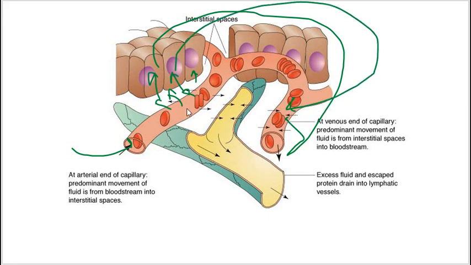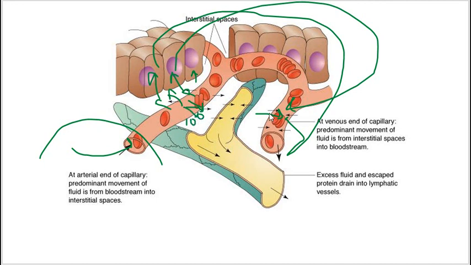Now, one other thing, a lot of fluid leaves the capillary. The fluid leaves the capillary at the arterial end. At the venule end, that fluid goes back in. But the amount of fluid that leaves the capillary is much higher compared to the amount of fluid that goes in. Let's use a hypothetical number. Let's say 100 ml of the fluid leaves the capillary.